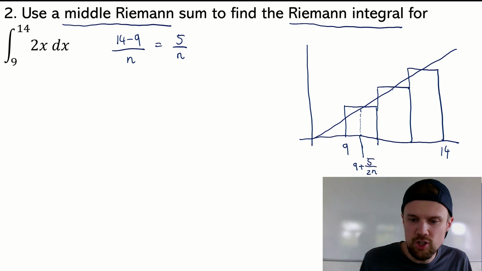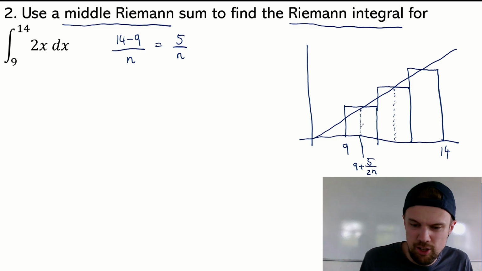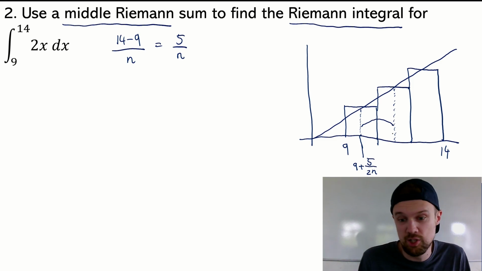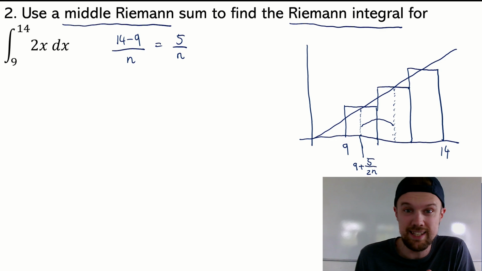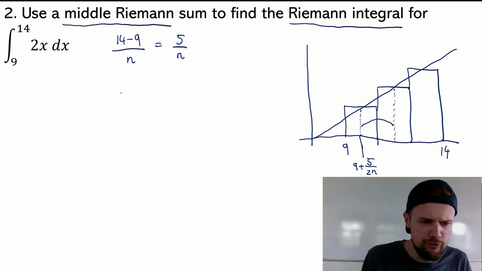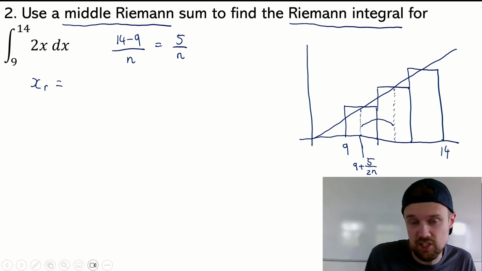Cool. Now the interesting thing is the next rectangle, midpoint, is still going to be very easy to calculate, because although the start point is a bit more fiddly this time, still how we get from one rectangle to the next is still the same as it is for all the Riemann sums. It's still going to be a width of one entire rectangle to get from the first x value to the next x value. So therefore it's going to make use of sequences and series knowledge to write this sort of stuff.